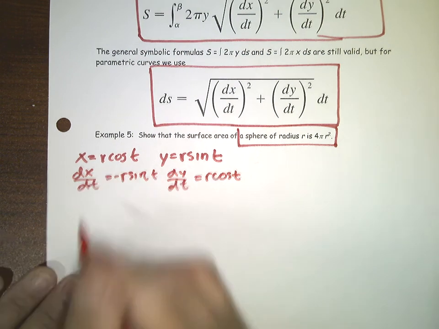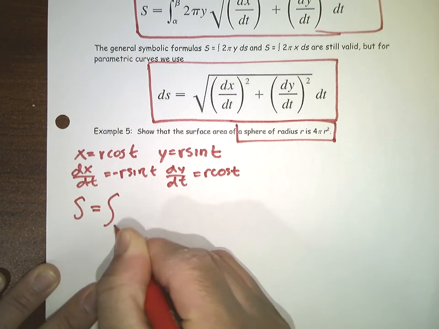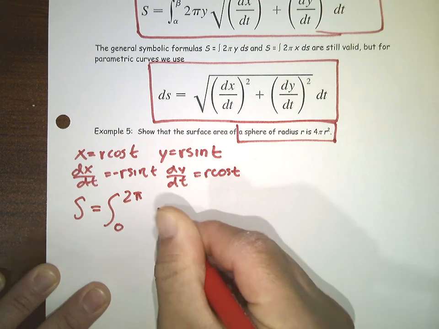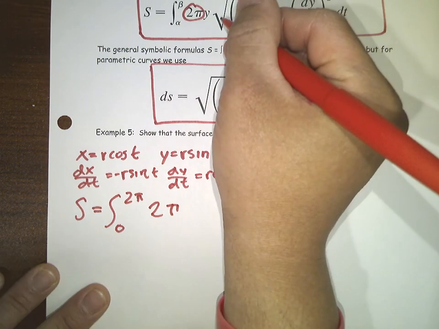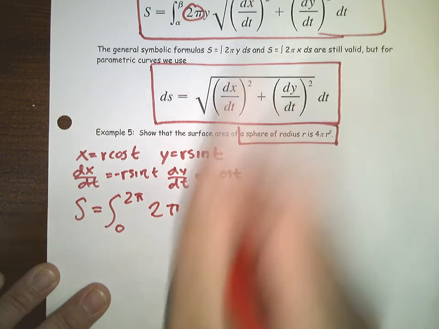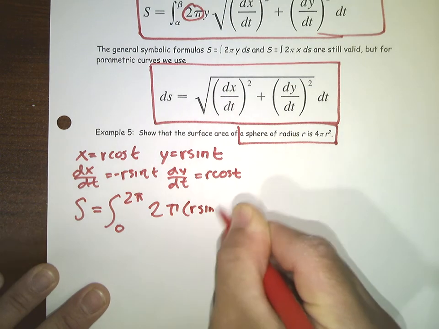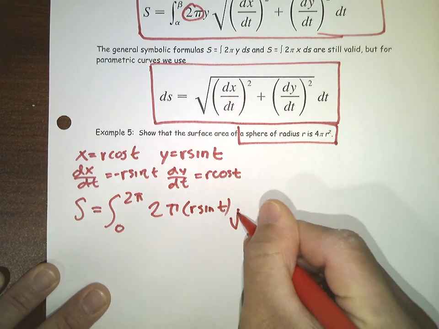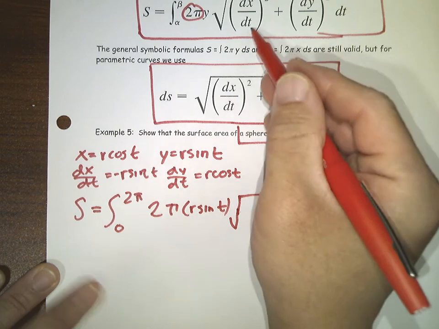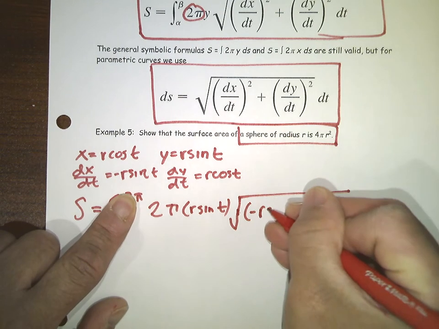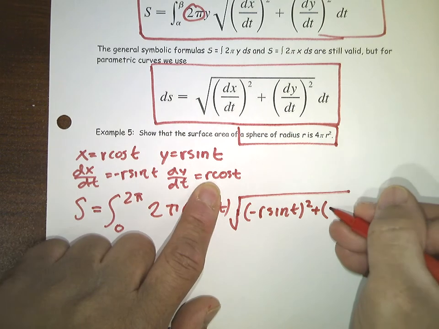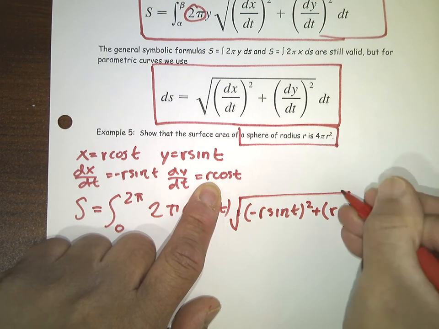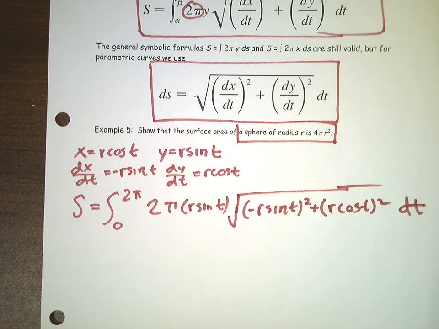So s is going to be the integral from 0 to 2 pi of 2 pi times the y, and the y is going to be r sine of t, then the square root of dx/dt squared, so negative r sine of t squared, plus r cosine of t squared, dt. All right, that's it, right?